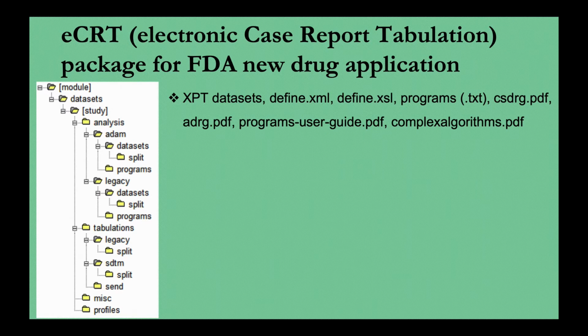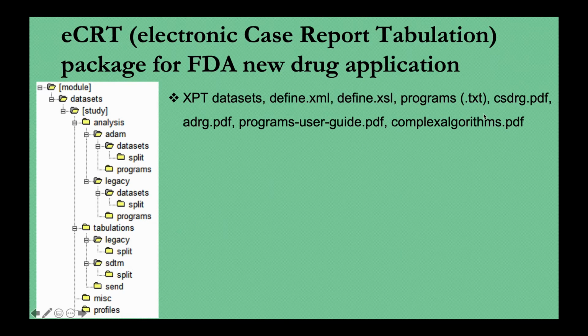Within this folder, you will have another file called the Programs User Guide, which has descriptions for all the TXT programs submitted for ADaM datasets, tables, or figures. But for the SDTM datasets, you don't need any programs to be submitted.